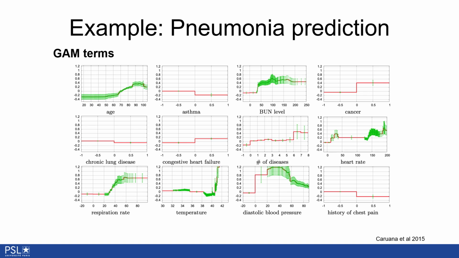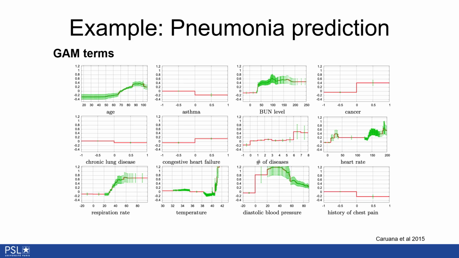For continuous features such as age, it is a continuous function, and here the results showed that the risk of pneumonia depends on age, respiration rate, temperature, and so on. Note that here these functions were not constrained to be monotonic, which somewhat increases the complexity of the model and limits interpretability. For discrete features such as asthma, cancer, and the presence of other diseases, the nonlinear function is a step function.